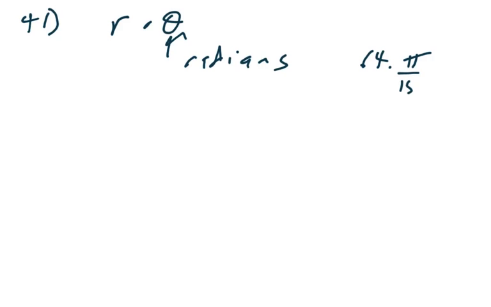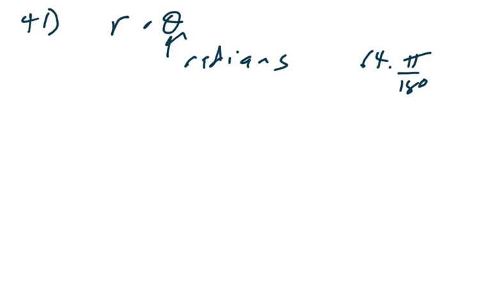For 41, when you're trying to find an arc length, the formula that they give you is r times theta, but this is in radians. So if they give you 64 degrees, you have to multiply by pi over 180.